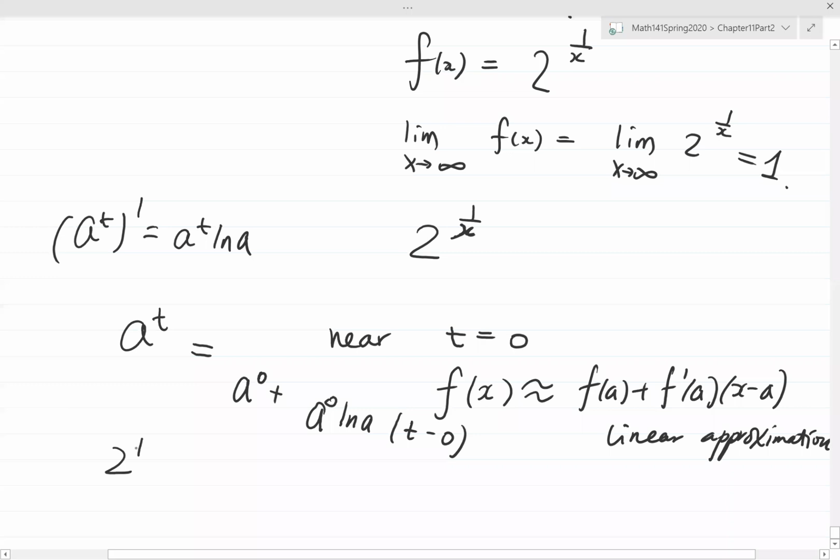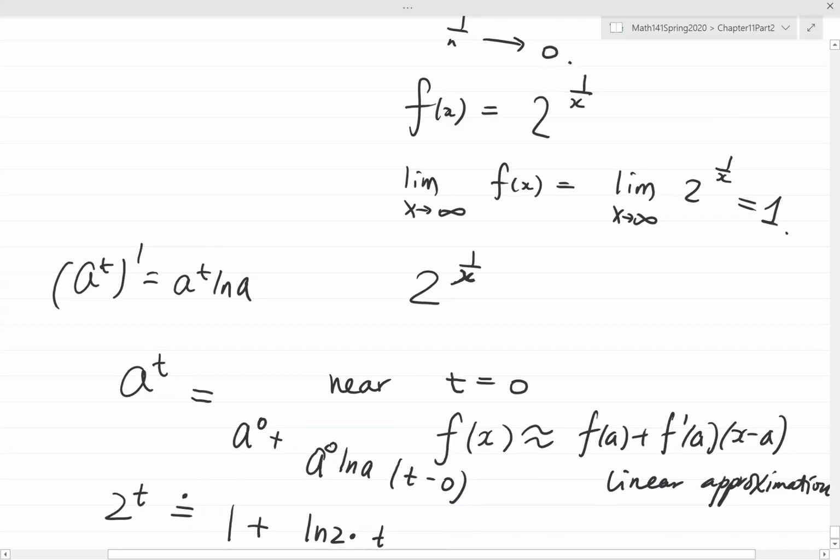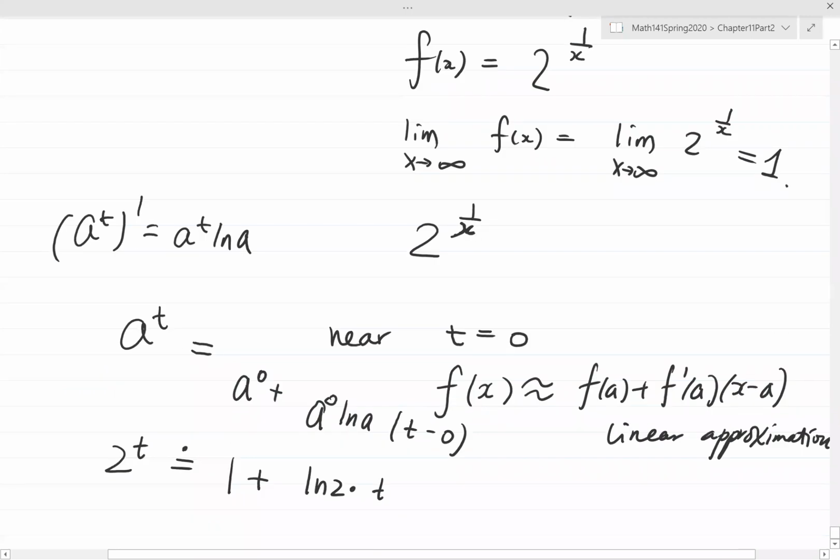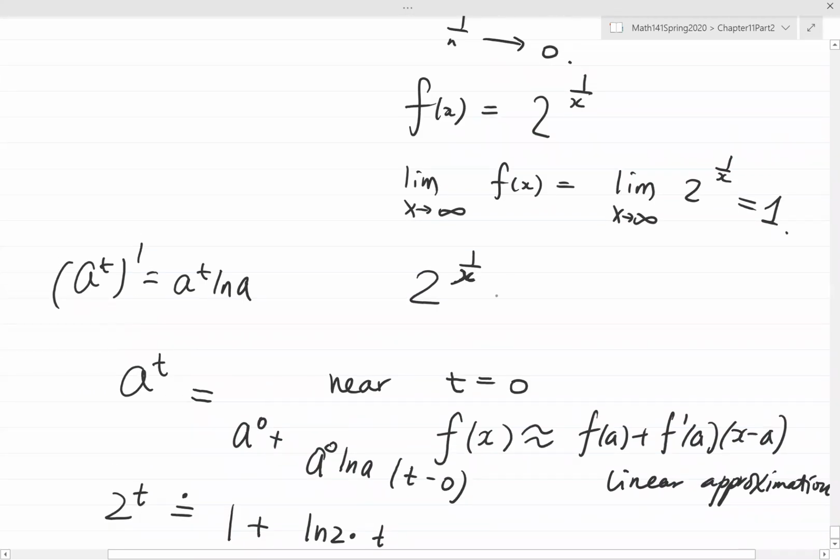That is, 2 to the power t is around 1 plus ln 2 times t. So 2 to the power 1 over x is around 1 plus ln 2 times 1 over x.